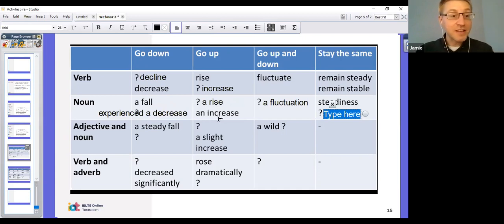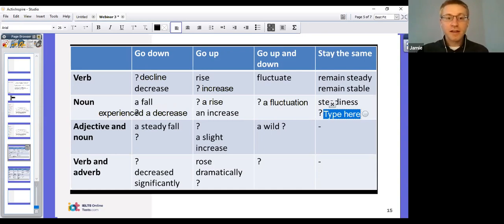A plateau is fine. Yeah, a plateau usually is when it goes up and then remains constant. Stability, very good. Arusak, yep, exactly. It experienced stability would be absolutely fine.